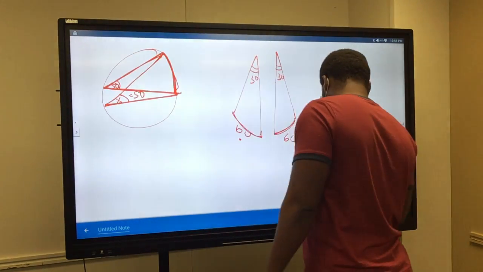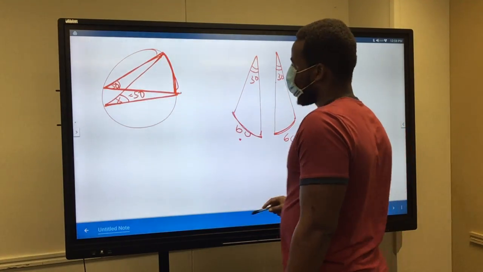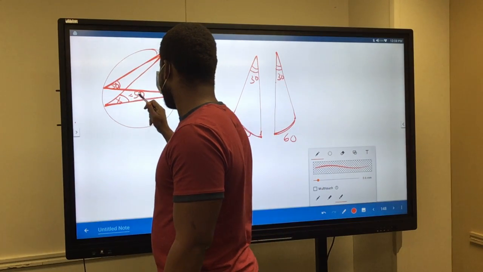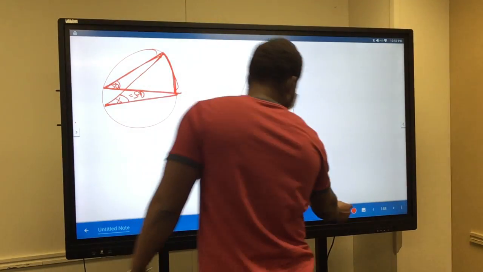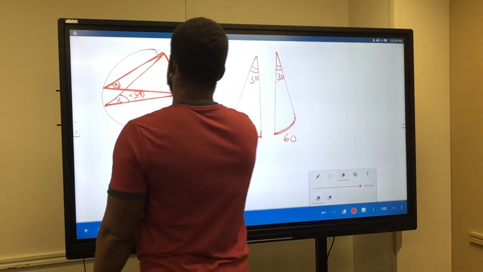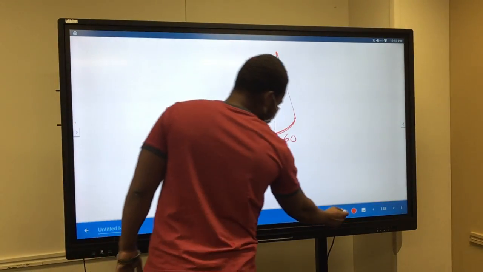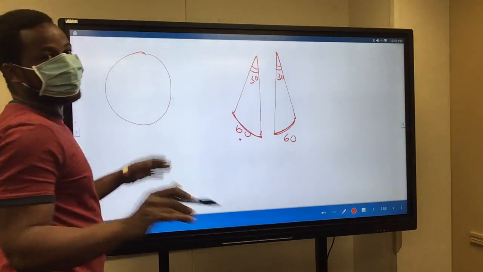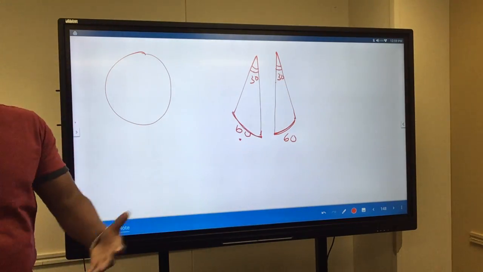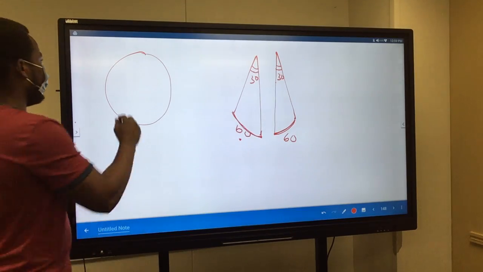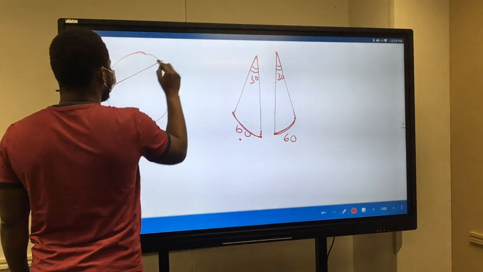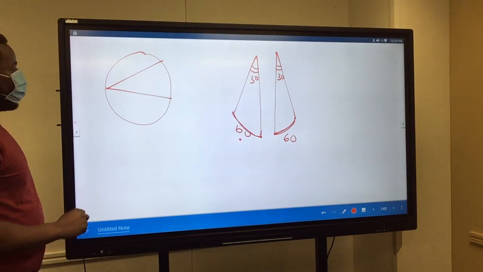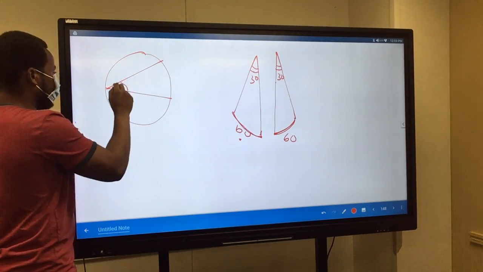All right, let's look at this. I think I need to rewrite this whole angle. We are going to make it a little bit more challenging. Imagine that we have this here, and I told you that the angle here is 50.